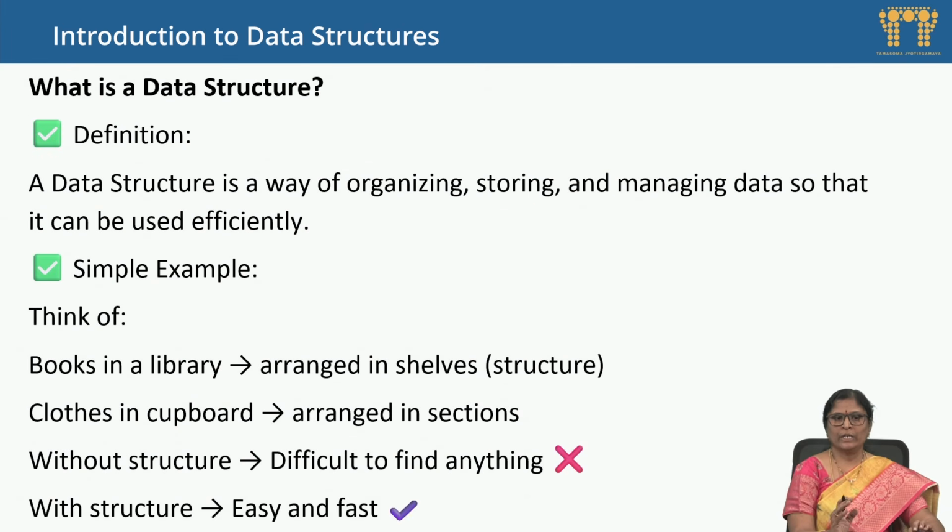Before going to the definition of a data structure, imagine you have clothes in your house. Every day we put the clothes in the washing machine, later we hang them on a ladder to dry.